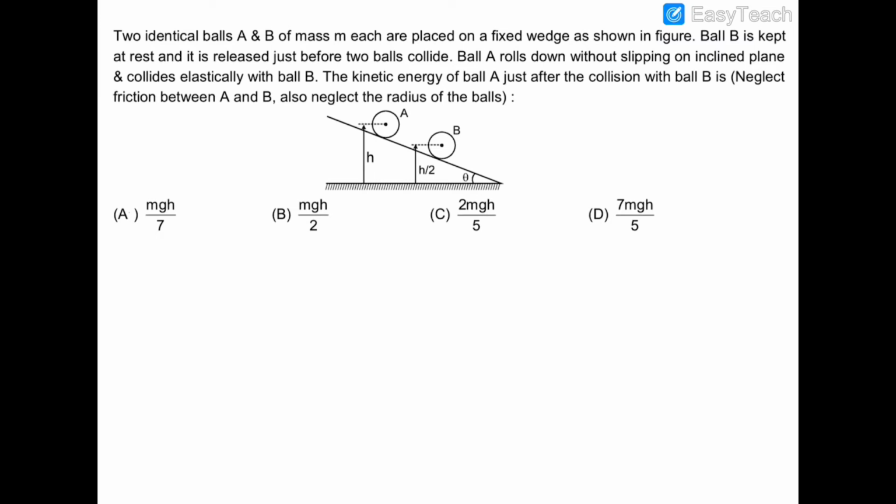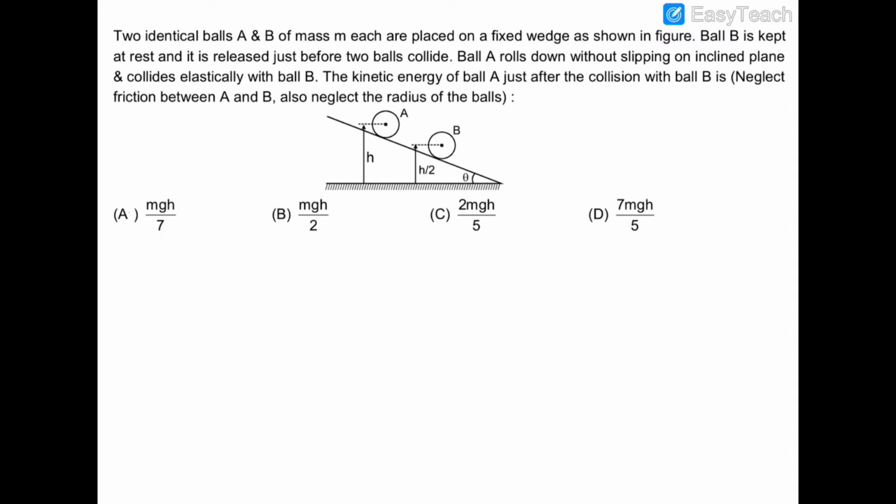It is also given that ball B is kept stationary until A strikes ball B, which means that as soon as A strikes B, the ball B is released immediately. So we have to find out the kinetic energy of A just after collision with ball B.